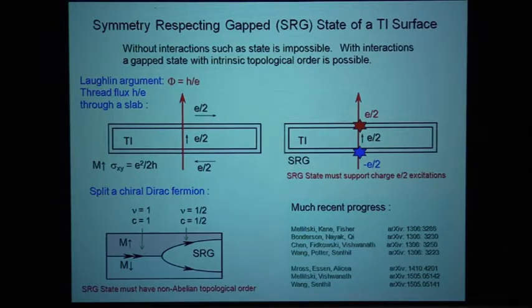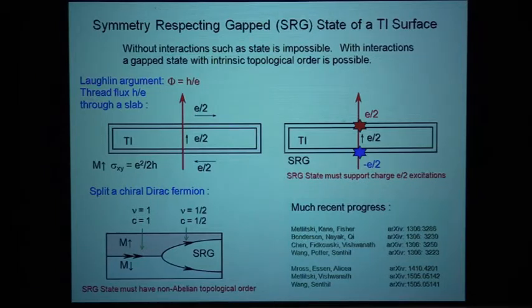And one way of saying this, actually, is that threading a magnetic flux through the topological insulator is sort of the same as taking a magnetic monopole and dragging the magnetic monopole from the bottom to the top. And so this property is the same as saying that the charge of a magnetic monopole inside a topological insulator is e/2.